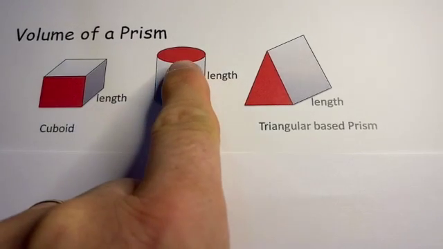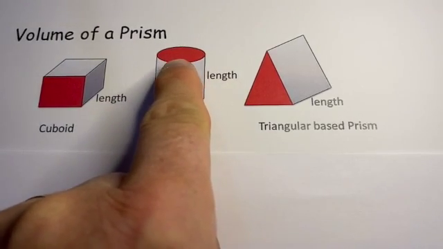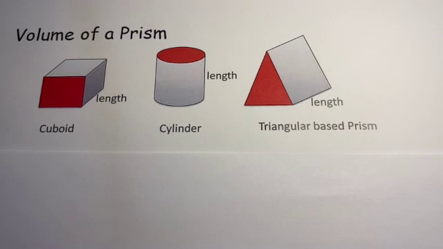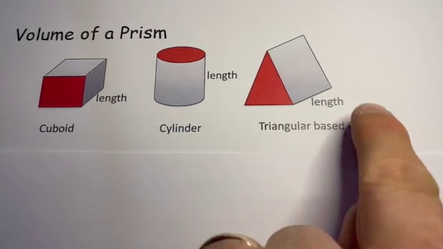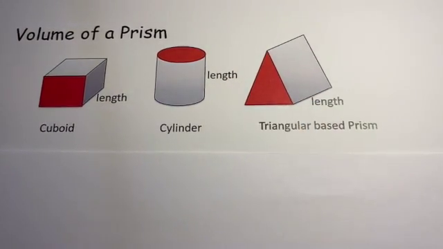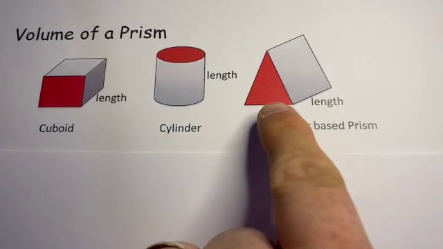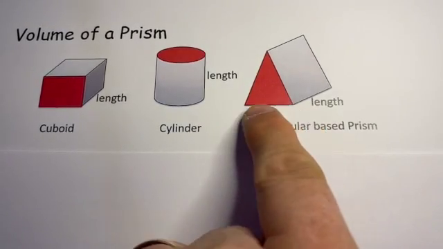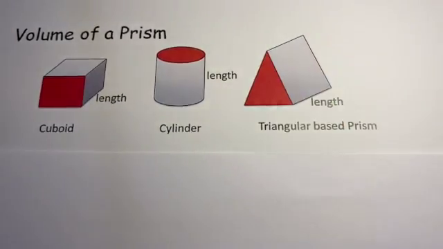So the area of a circle is pi times radius squared, and that's how I find the area of that end side. For a triangular base prism, again, it has to be the triangle that I find the area of. And the area of the triangle is base times the height halved, i.e. half base times height.